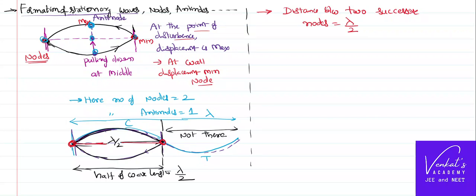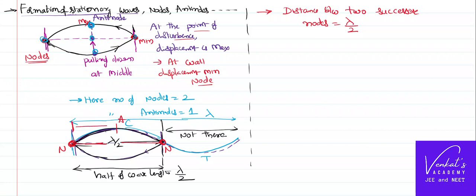Of course, that's the length of the string. That's where it is happening. We'll come to that point a little later. So this is a node. This is a node. This is an antinode. From node to node, lambda by 2.